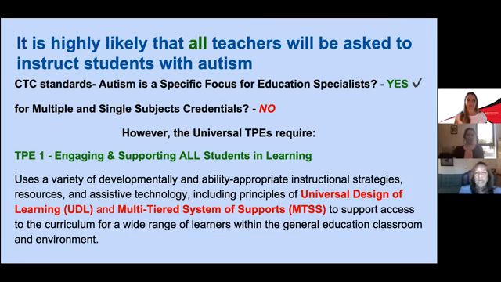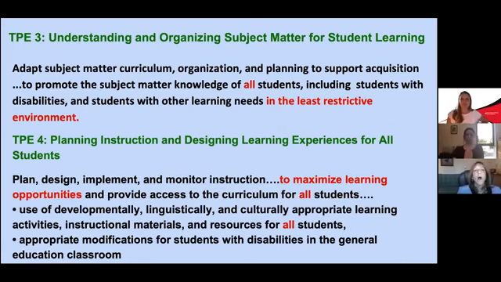For TPE 3, understanding and organizing subject matter, they are to adapt curriculum, to organize and to plan their curriculum and activities for all students in the least restrictive environment, and this is often the general ed classroom. For TPE 4, they plan instructions and design learning experiences to maximize the potential of all students.